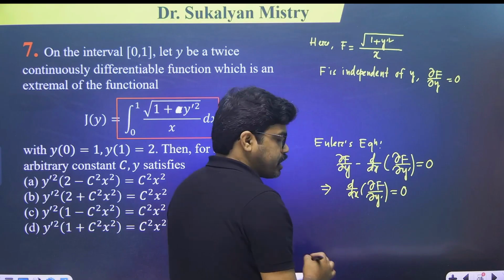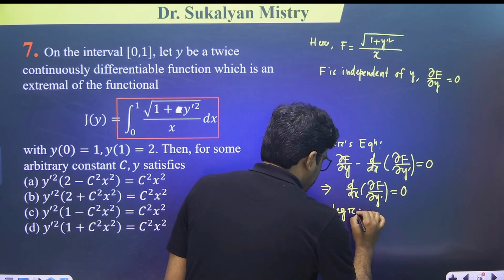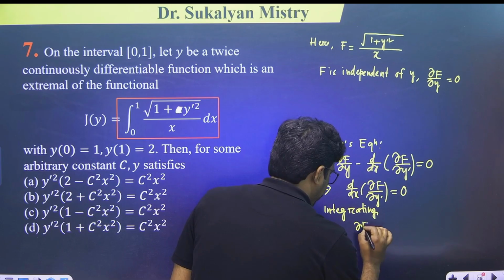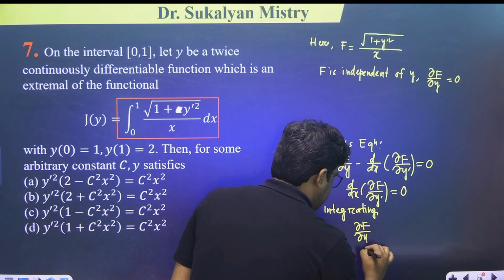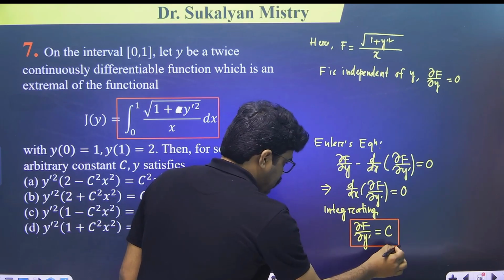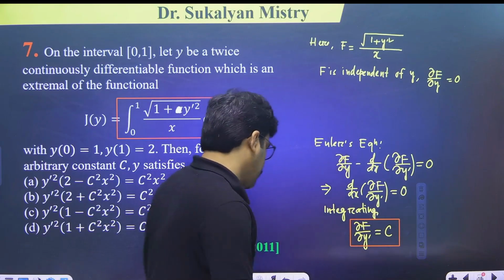So integrating, we get del f del y dash is equal to constant. Suppose c is the integrating constant.